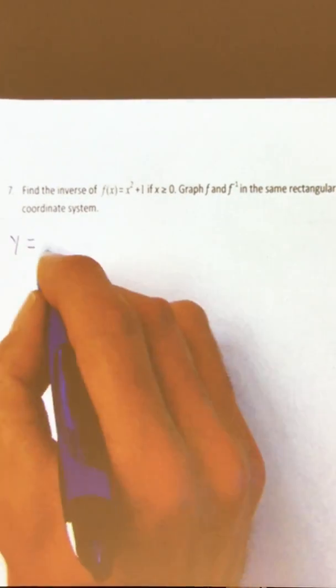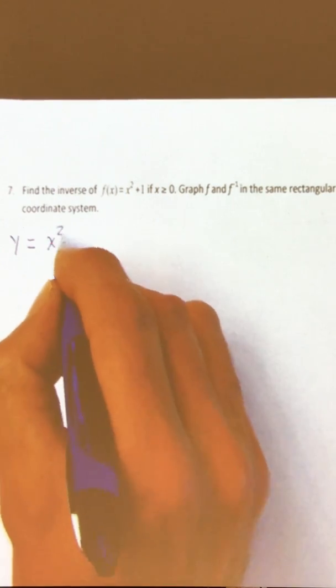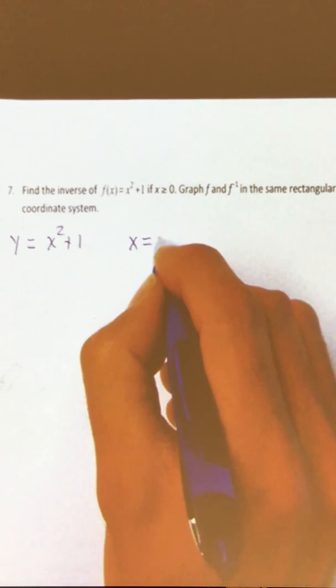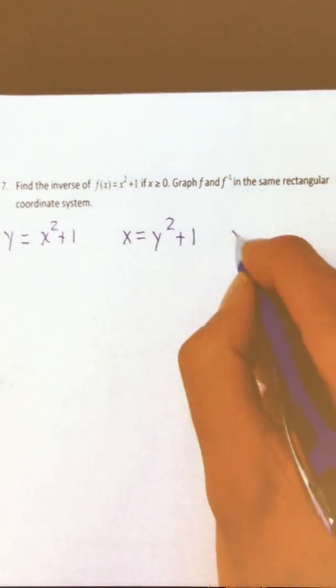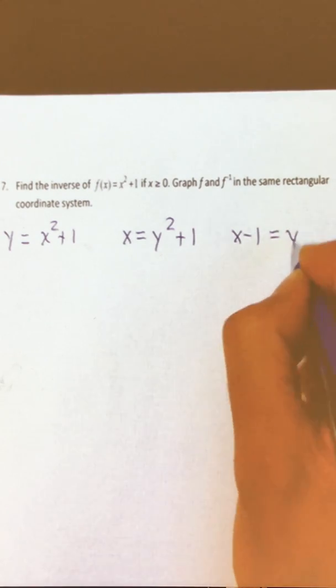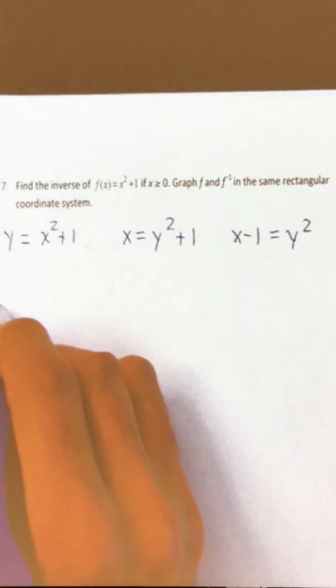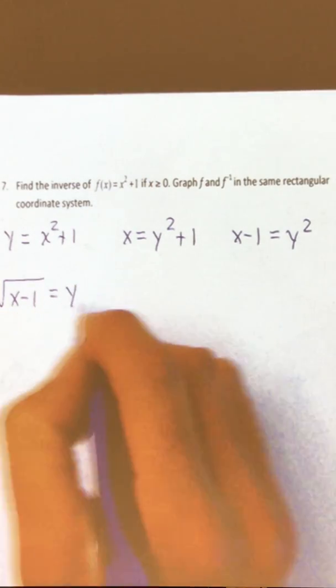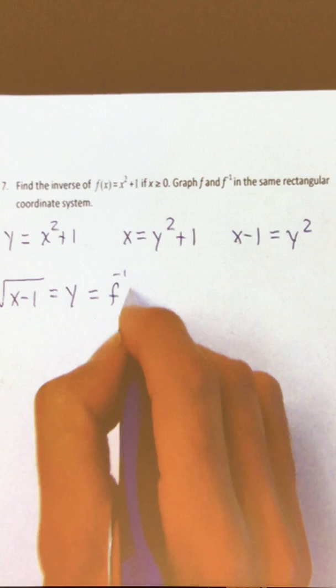So first we will find that inverse function, writing y instead of f of x as x squared plus 1, then interchanging the x and y values, and then finally solving that for y. x minus 1 is y squared, so the square root of x minus 1 is y, and that is the inverse function.